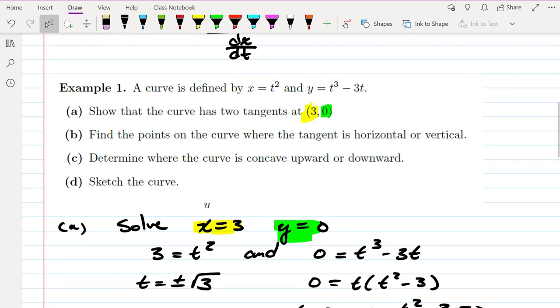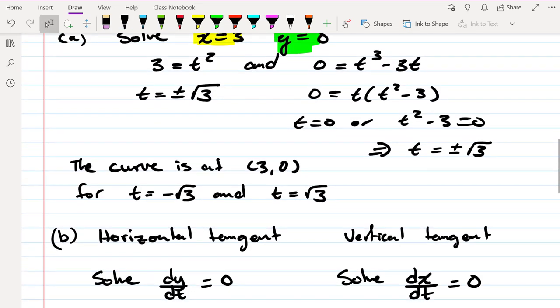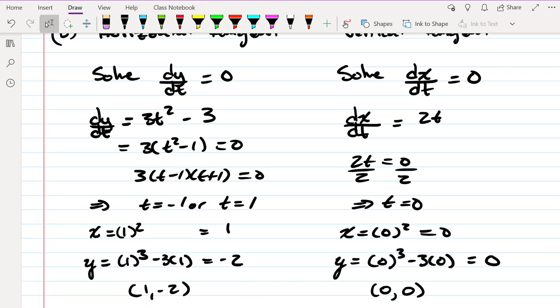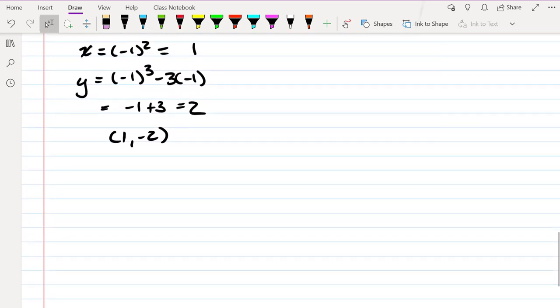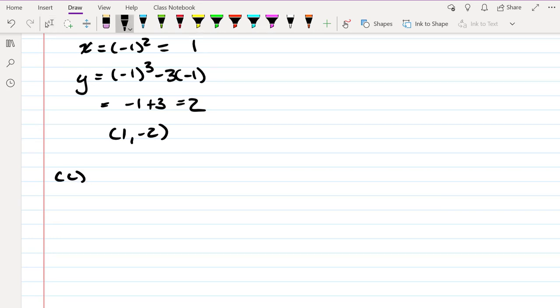All right, so part C says, determine where the curve is concave up or concave down. So to determine the concavity of the graph, we need to find the second derivative, d2y/dx squared. So for part C, let's start with finding the first derivative.